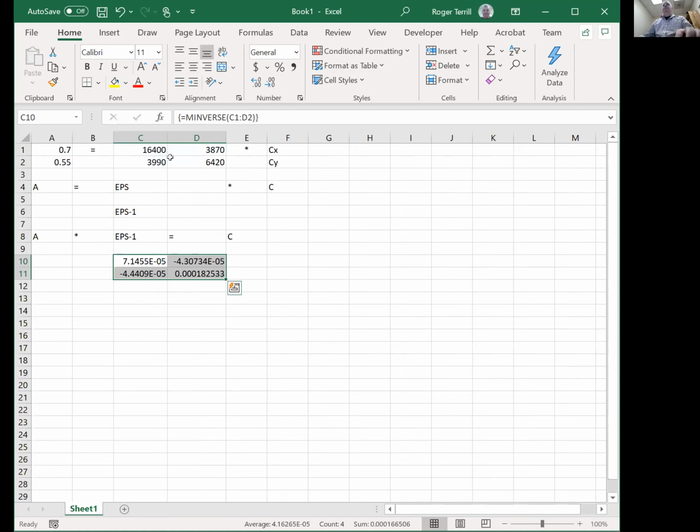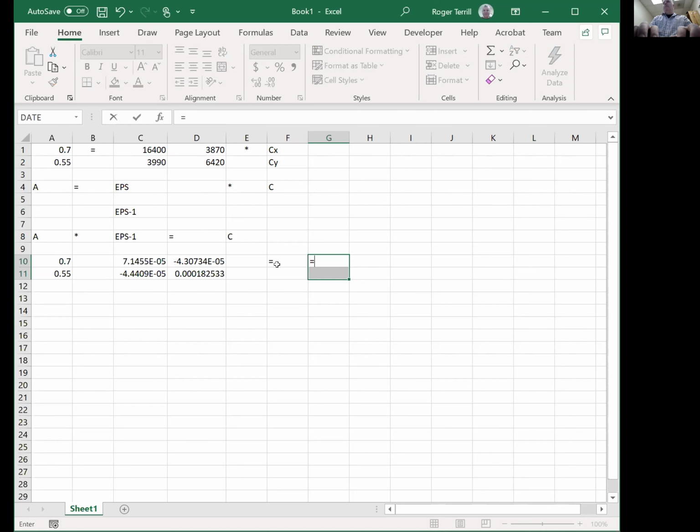Now let's put this guy down here. Then I'll make a 2x2 matrix here, and I'm going to say this equals the multiplication of, I think it's like this, and then this.